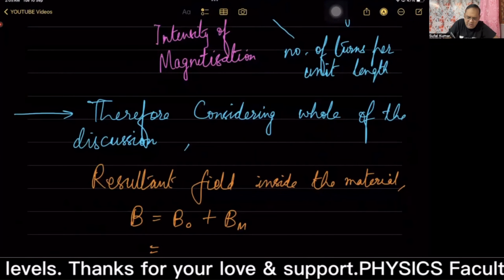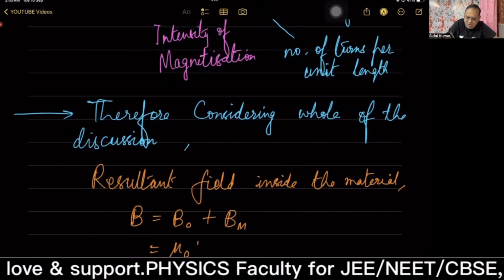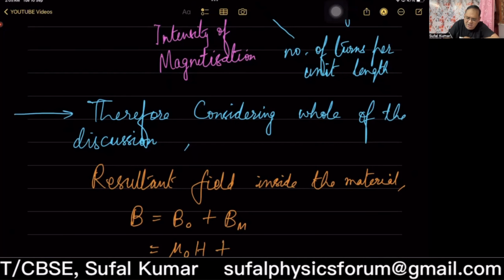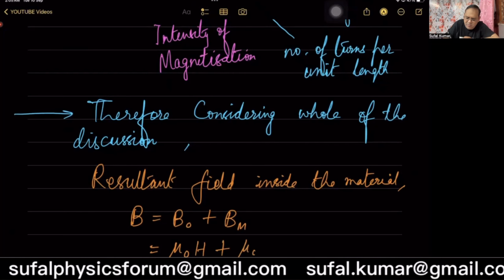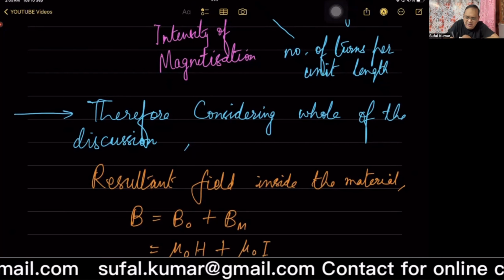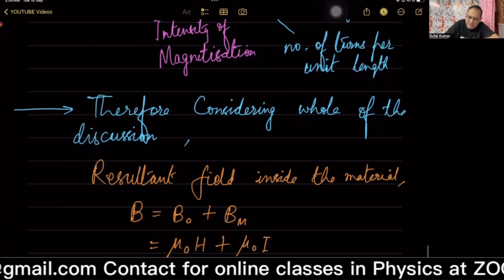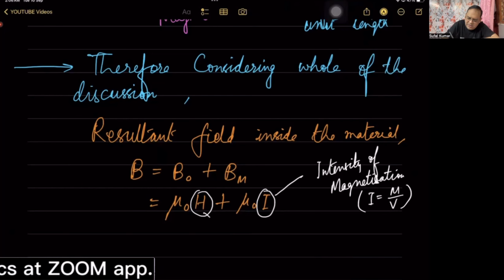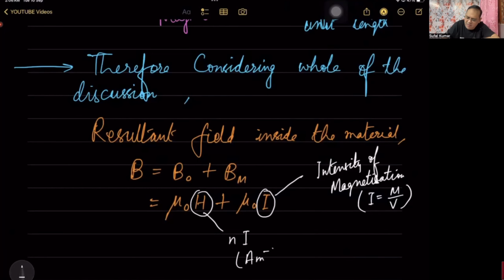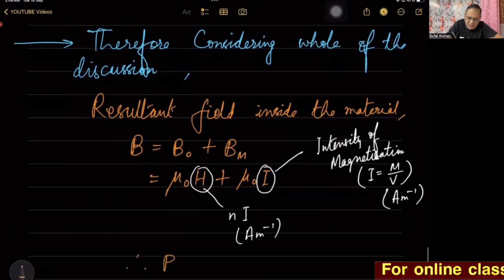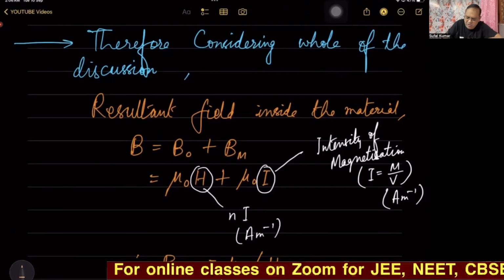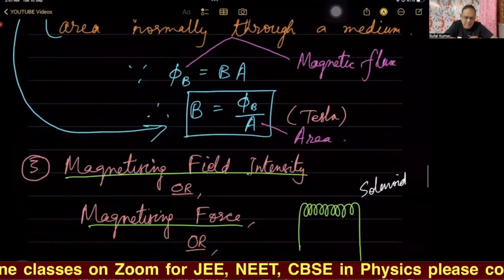And for B naught, we'll have mu naught H, magnetic intensity, and for Bm, it should be mu naught I. This I is intensity of magnetization. For our memory, I have mentioned, and this is Ni, ampere per meter. Here also ampere per meter. Therefore, B net is mu naught times H plus I.